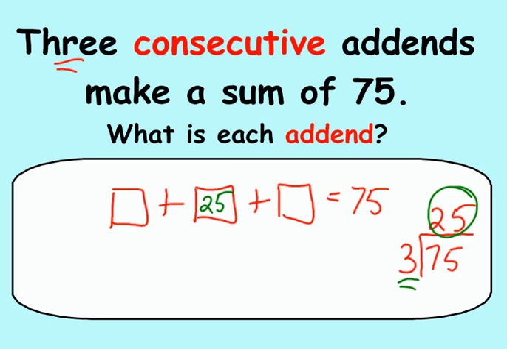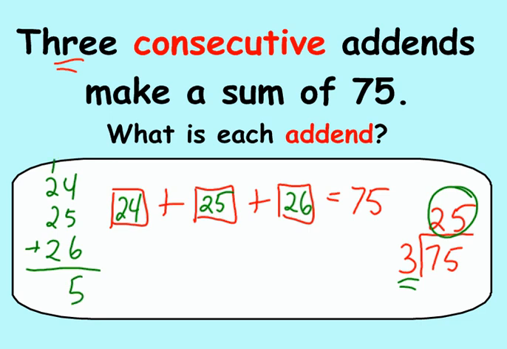So to have 3 consecutive numbers, one less than that would be 24, one more would be 26. Let's just double check and see if that actually works. So we've got 24, 25, 26, 3 consecutive numbers. I'm going to add. It works. So 3 consecutive numbers that give you a sum of 75.